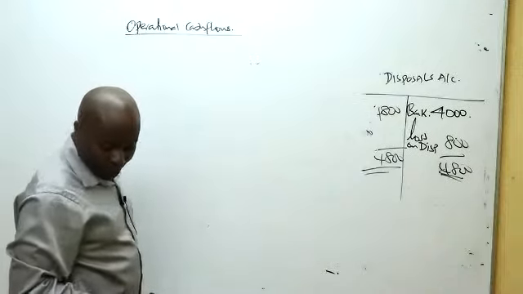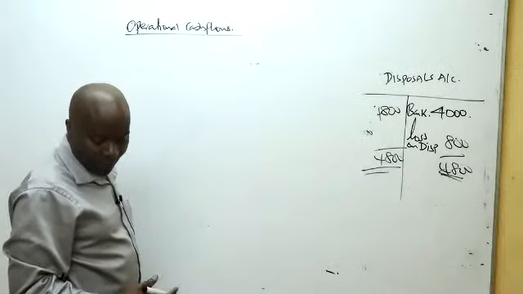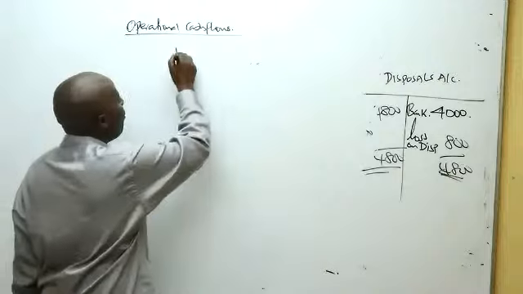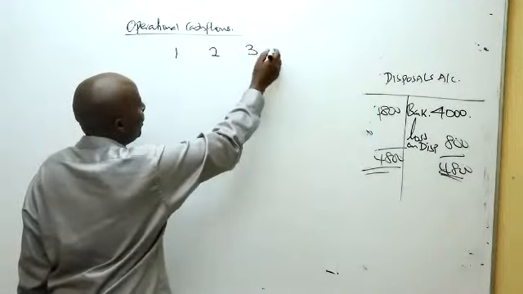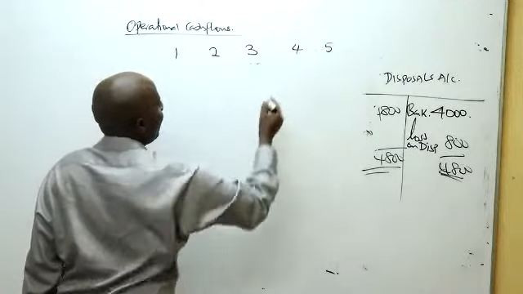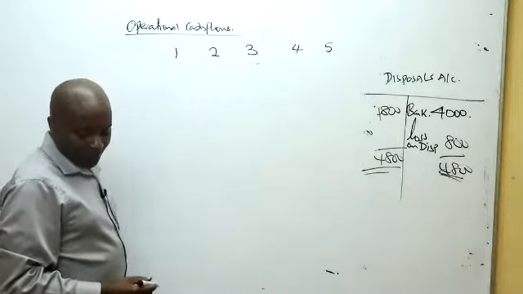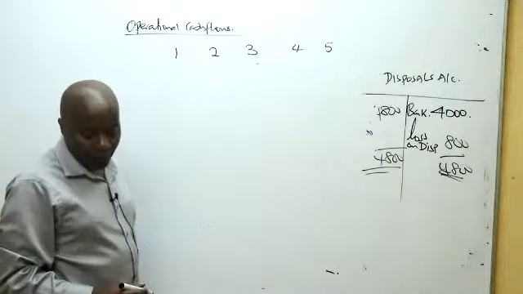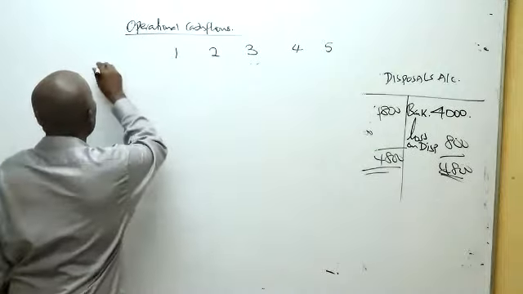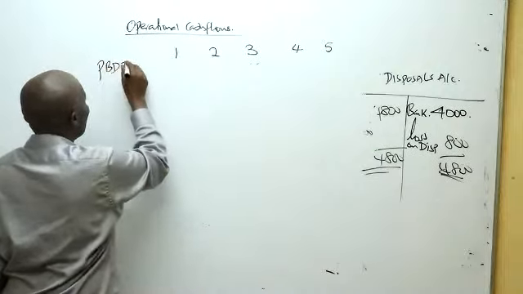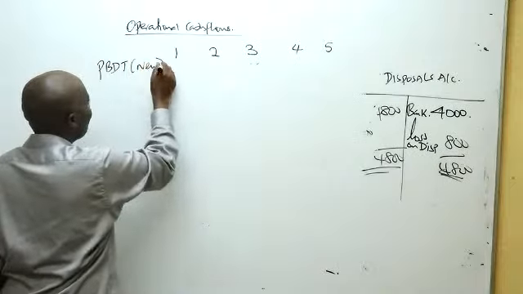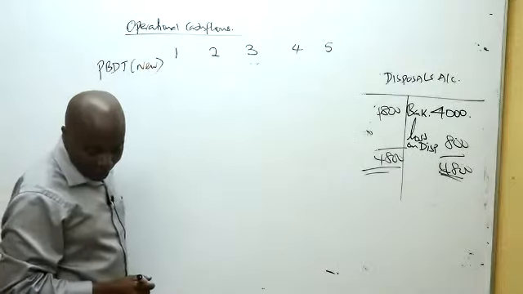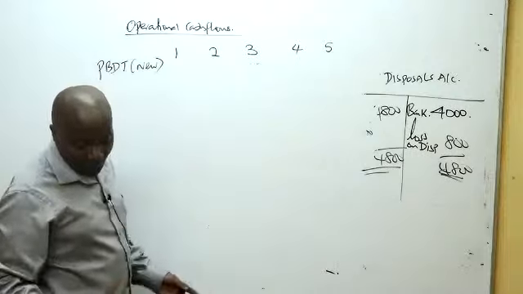So under operational cash flows, we have 5 years. They have given us year 1, year 2, year 3, year 4, year 5. Ladies and gentlemen, I'm able to see the profit before depreciation and tax, new machine. I can see 5,400 throughout.